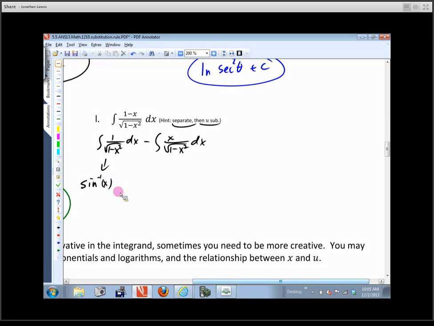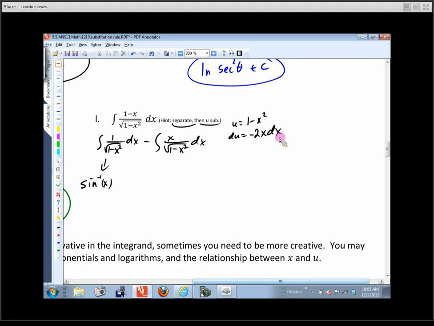Now we just wrote down a possible substitution to deal with something like this. So if we let u equal 1 minus x squared, the derivative of that would be negative 2x. So there would be an x right there that we'd need. So we can see a function and its derivative or some constant multiple of its derivative. So let's go back to this. Let's let u equal 1 minus x squared. That means du would be negative 2x dx.